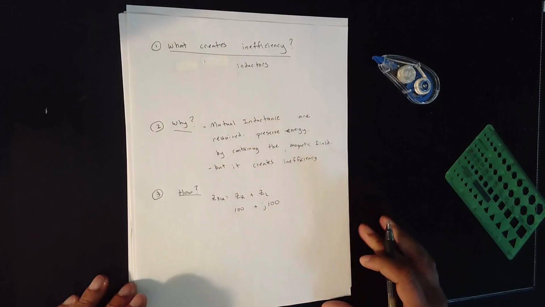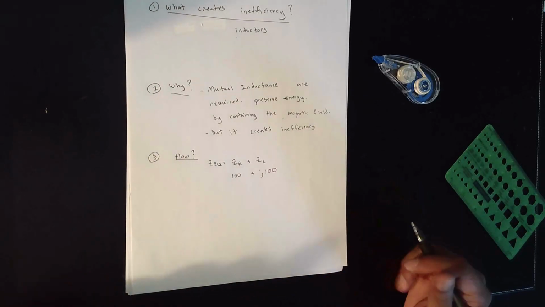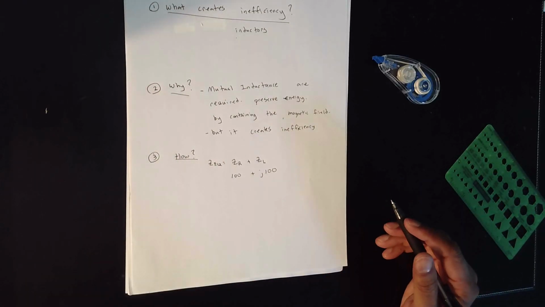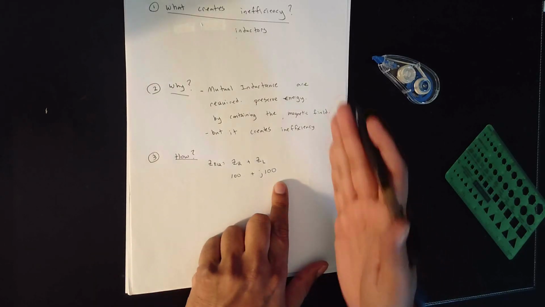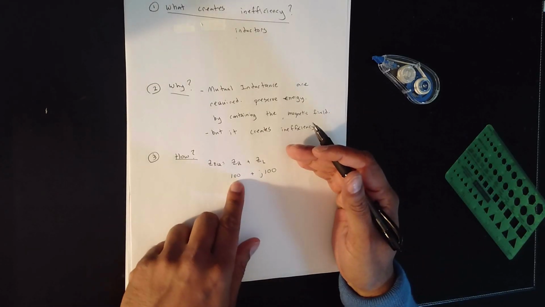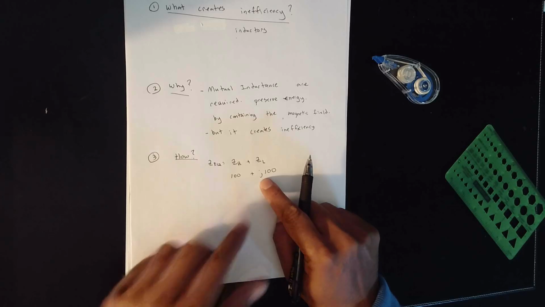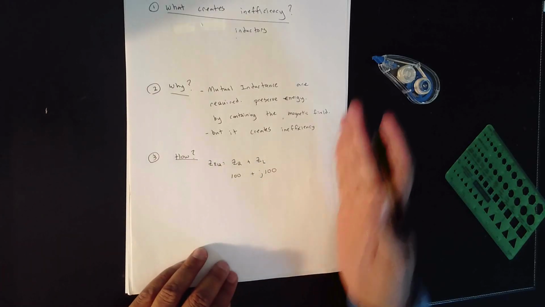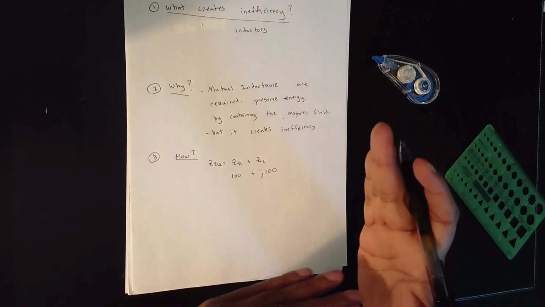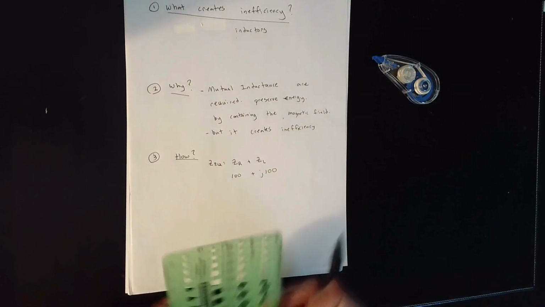We went over in class where that j100 comes from. Understand that this is on the real number line, and this is on the imaginary y-axis. Anything that doesn't have the j, or imaginary numbers, is on the x-axis, and anything with imaginary numbers is on a different axis. There are 2 different axes.